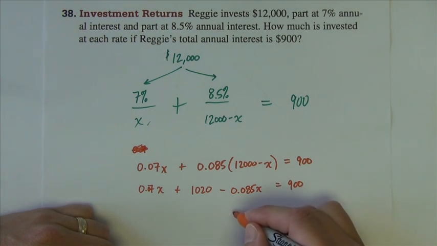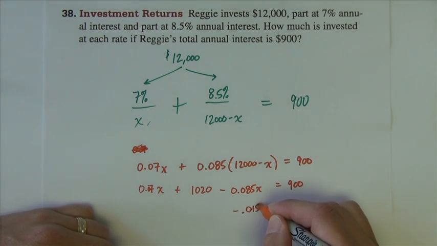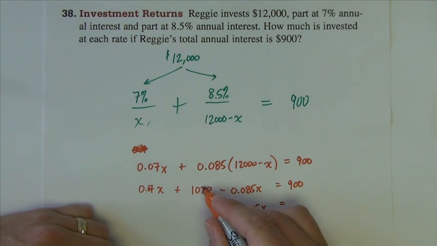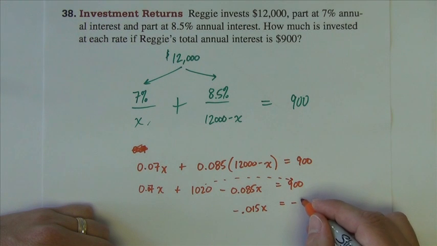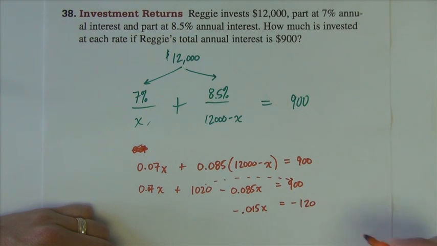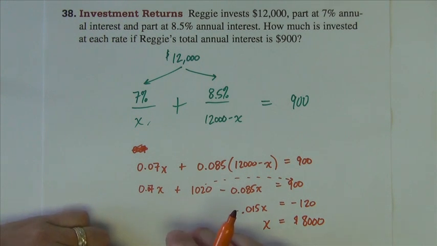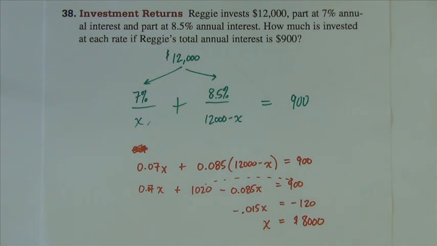So I get negative 0.015x equals, I'm going to move this over here, negative 120. And I'm going to divide by that negative 0.015. I get x equals 8,000. Okay, so how much did he invest at each rate?